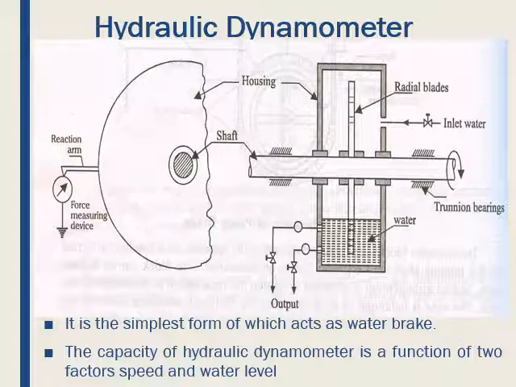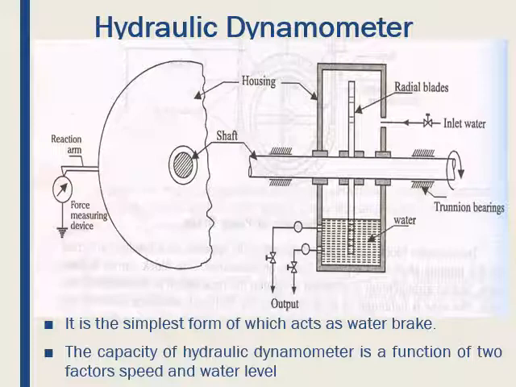The true union bearings of the dynamometer housing allow it the freedom to rotate except for the restraint imposed by the reaction arm. In this dynamometer, generally the power absorbing element is the housing, which tends to rotate with the input shaft of the driving machine.